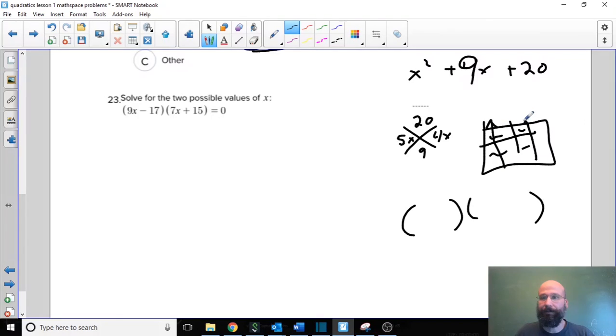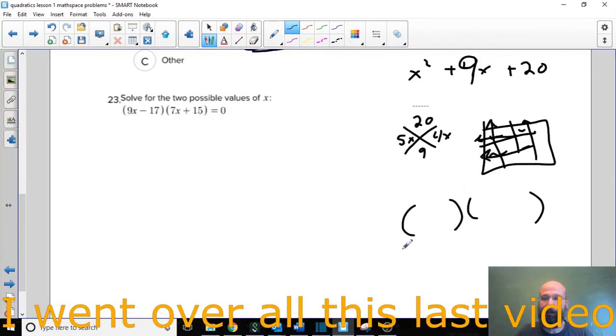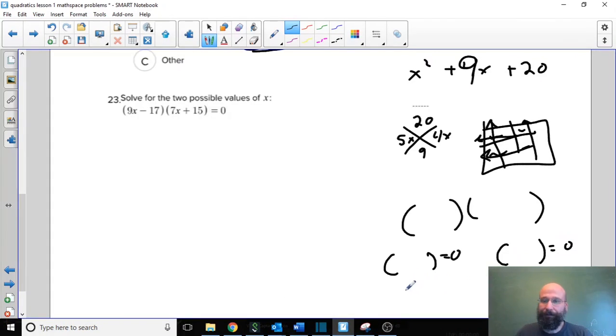Right, this is GCF, GCF, GCF, GCF, you get your two binomials, and then you set each binomial to 0, and you solve for x. X equals whatever, and x equals whatever. So this one already has your two binomials.